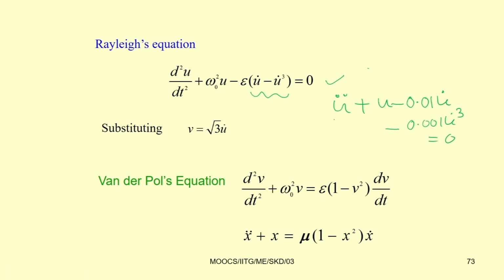So, here you just see, if you take up to this part only, u double dot plus u minus 0.01 u dot, the coefficient of u dot is negative, unlike this spring mass damper system what we have seen.